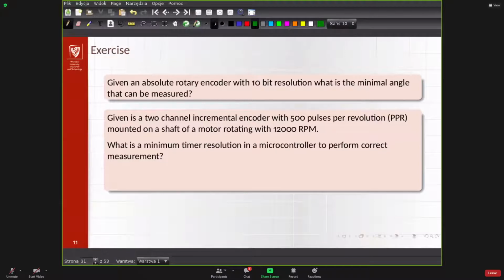To get impulses per second, you need to get the number of revolutions per minute, then take the pulses per revolution, and okay, that much you get. And when you already know the number of impulses, you need a proper frequency of your procedure to get it.